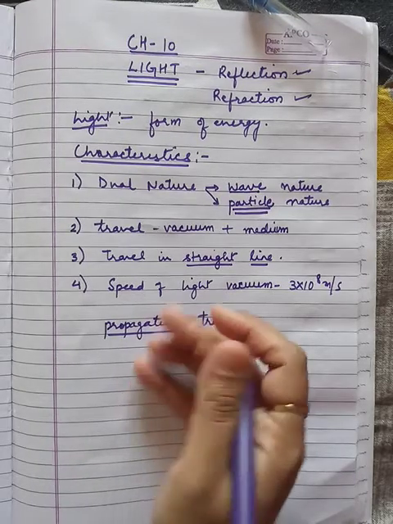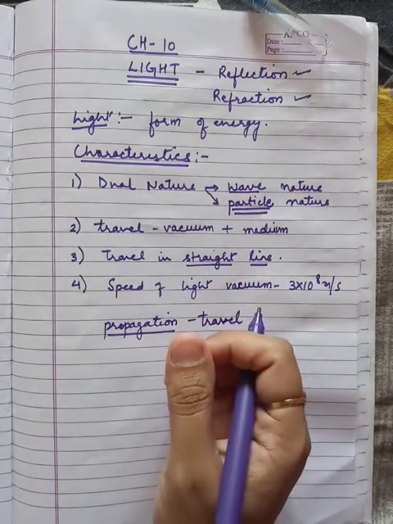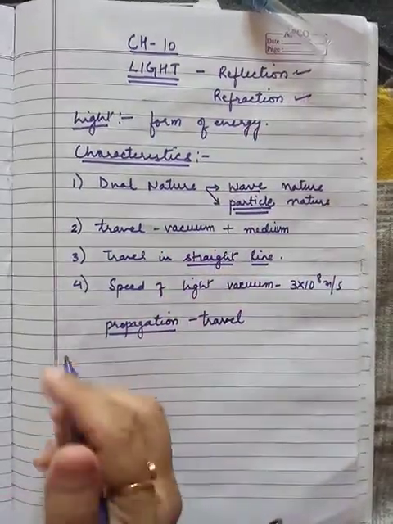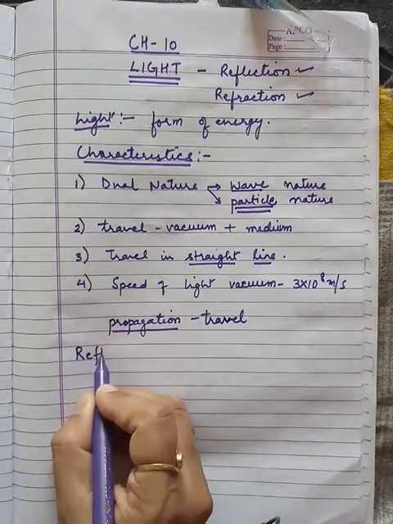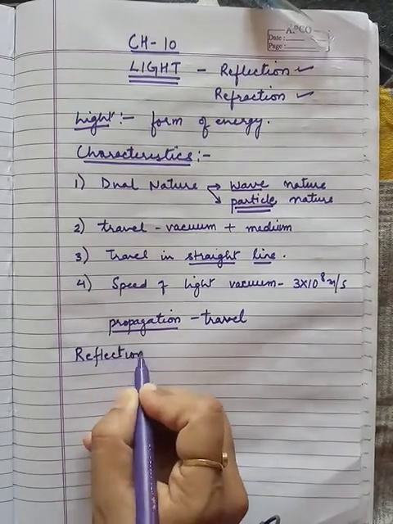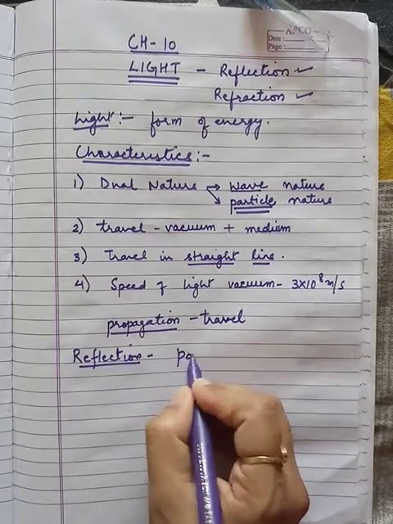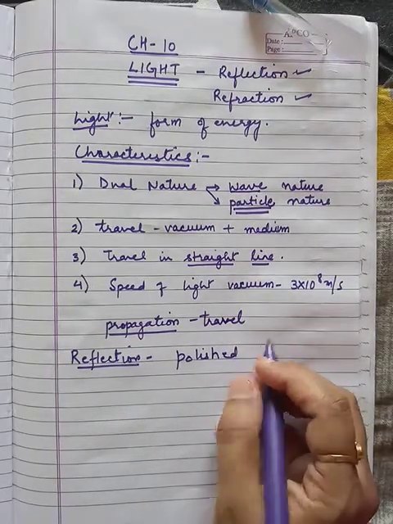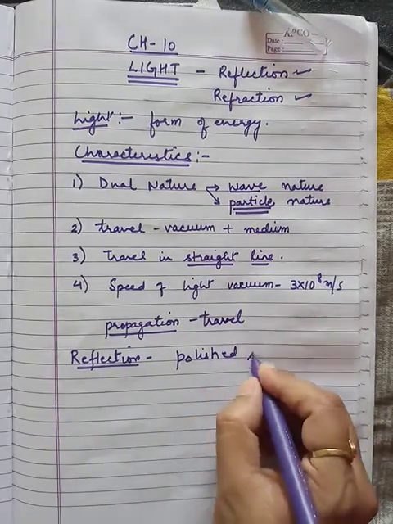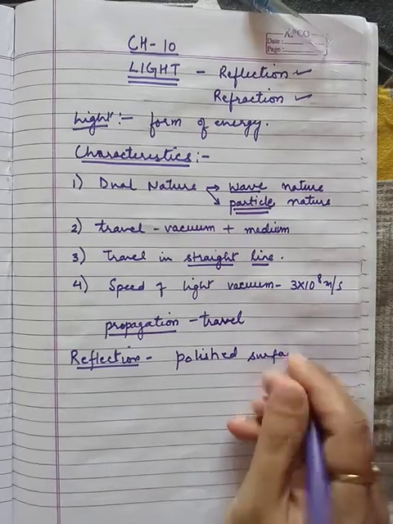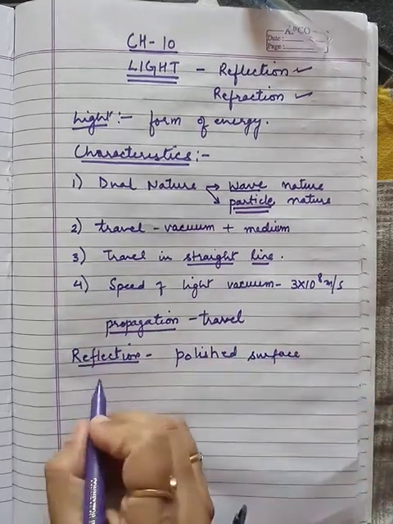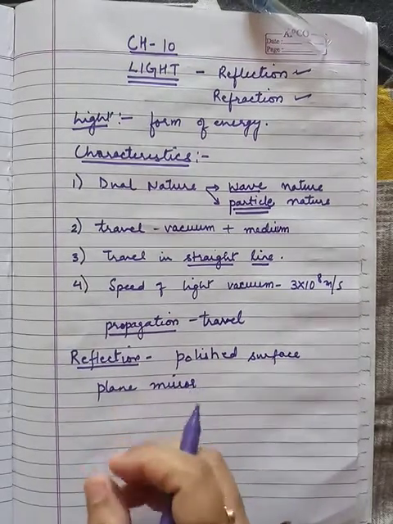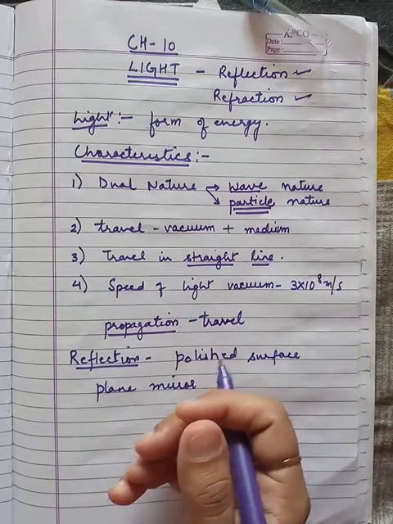Okay, now come to the main important part of the chapter, that is reflection. So first of all we will consider reflection. So light can reflect, we know, from polished surfaces. We all know this thing, we have studied it in our lower classes. Polished surfaces, silver polished surfaces like a plane mirror, or some new spoon you can see, or some new utensils.